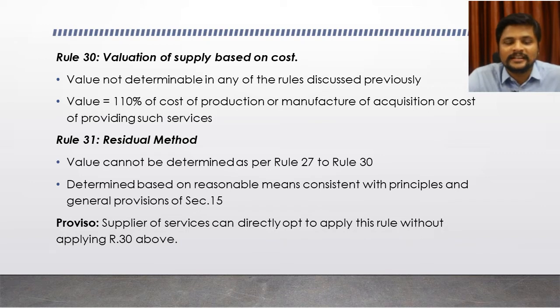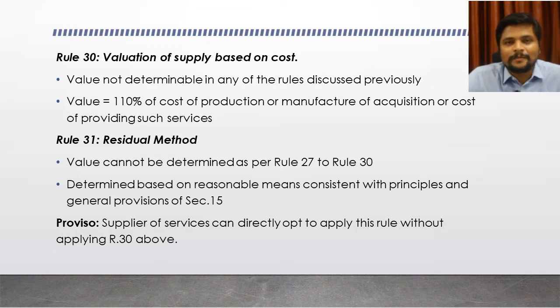Because Rule 30 is based on cost. For a supplier of services, whatever the cost will not directly represent the value, because the cost incurred for a supplier of services could be comparatively less compared to a supplier of goods. So in that case, you cannot ask the person to just add 10% as the profit margin on whatever cost he has incurred.